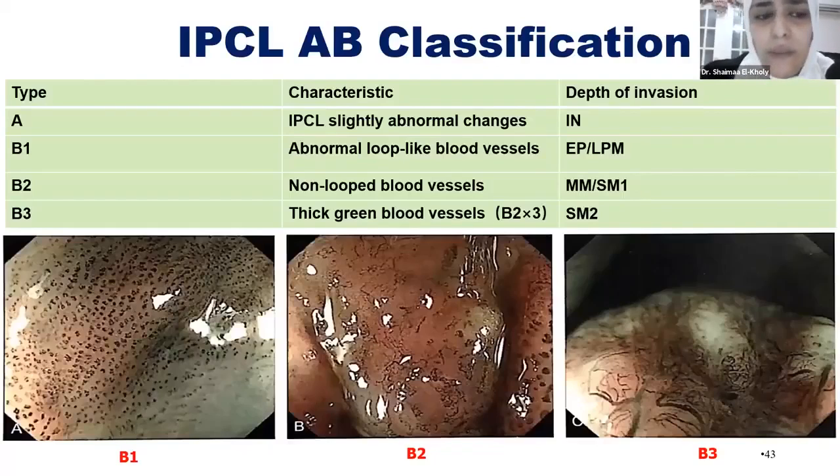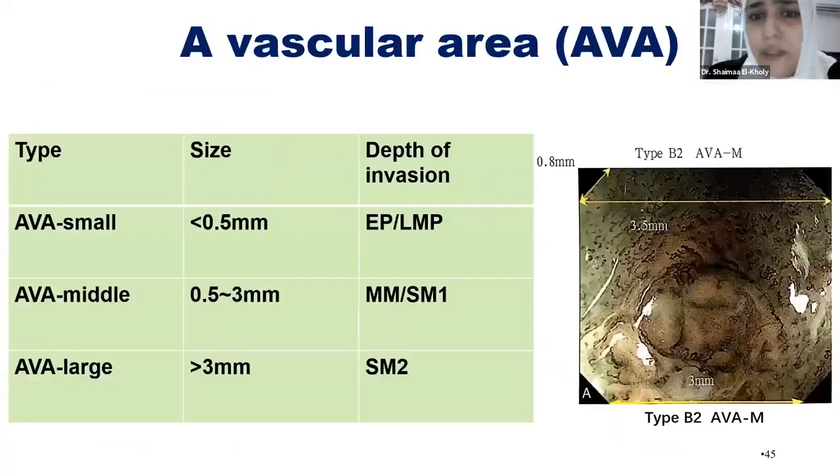Actually, this needs a lot of training, and it depends on the capillaries and the looping of the capillaries. And also we have another classification system called EVA, which is the avascular area. It also gives you an idea about the depth of invasion.